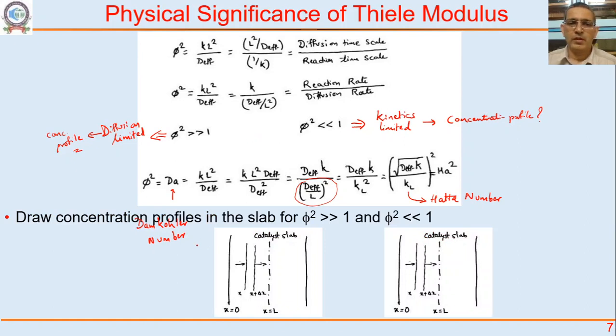So concentration profile, if I want to draw it about this Damkohler number now, right here. Pause, do it for yourself. Phi square far greater than 1, how will the concentration profile look like? Phi square far less than 1, how will the concentration profile look like? Pause and do it for yourself. Then only go forward.